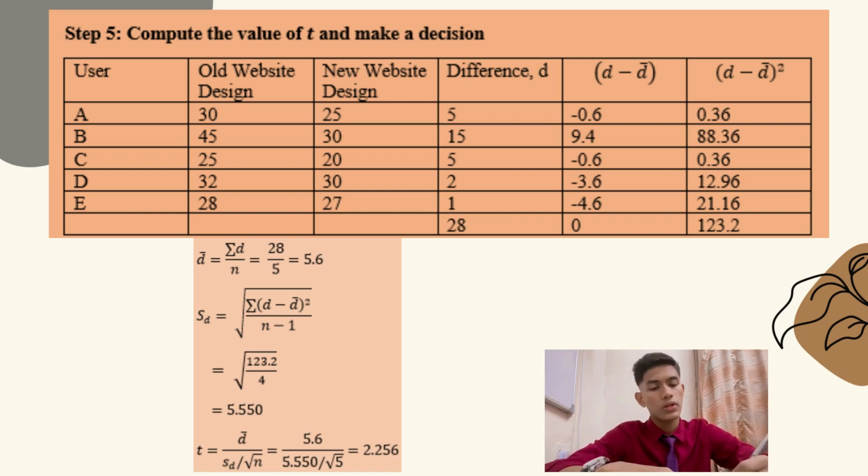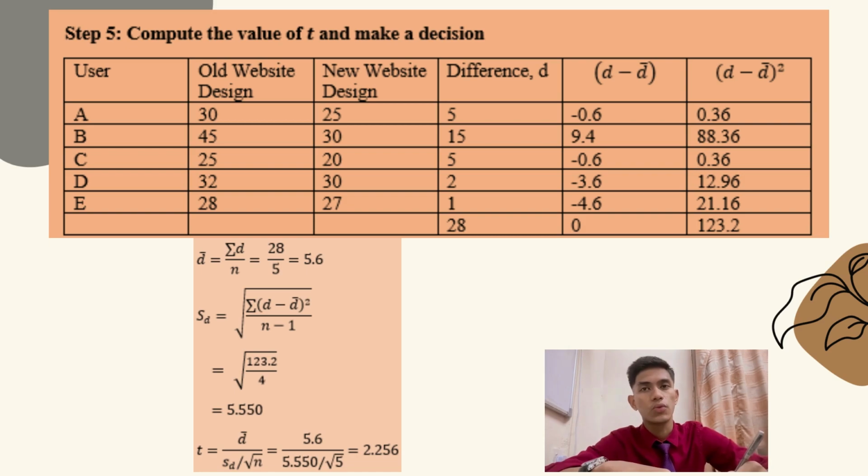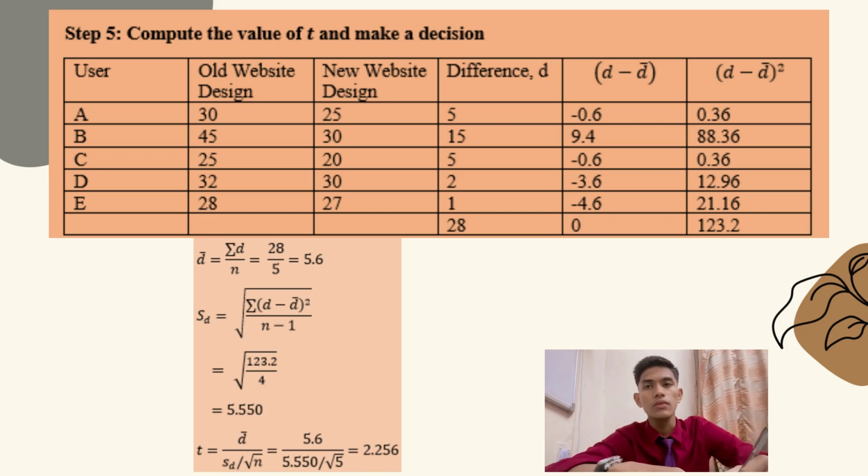Then we state the level of significance, which is 0.01. As the population standard deviation is unknown, we use the t-test. The decision rule is we reject H null if the computed t is larger than the critical t value.